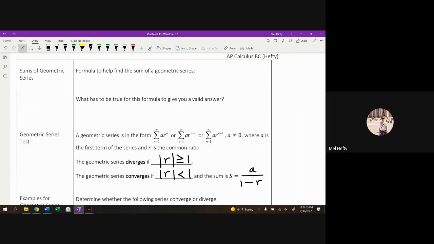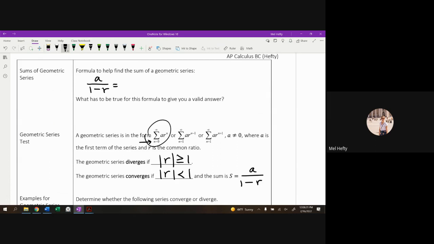So the formula to find the sum, I'm going to write it up here as well, but I'm going to translate it because I actually think they do a disservice in Algebra 2 with talking about what these things are. So you can kind of see we've got some different formats for what this geometric series will look like. We're usually going to deal with this first one. Kind of a weird thing. Usually our geometric series will start at n equals 0.